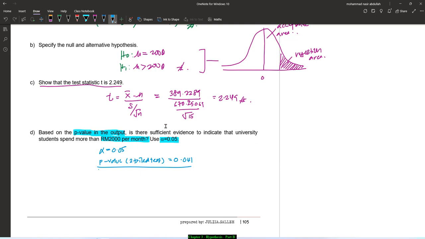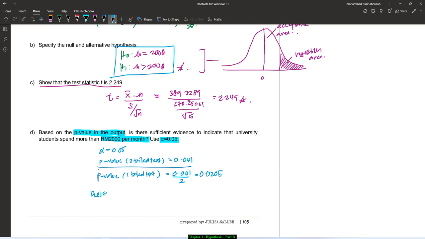This is for two tail, but in our problem we have a one tail test, so we need to divide by 2. The p-value for the one tail test is equal to 0.041 divided by 2, which is 0.0205.